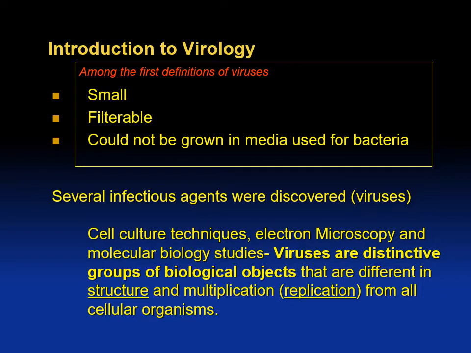And also they could not be grown on media that was used for bacteria. You all know that bacteria can be grown on artificial media, as we do in the lab. Now, when we tried to cultivate viruses or this poisonous fluid, we were not able to get any results. So, therefore, small filterable agents that could not be grown. Probably this was the first definition of viruses.